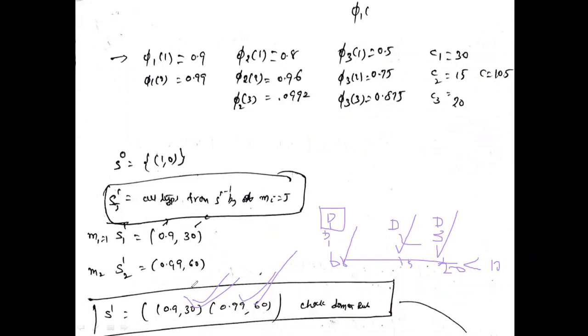Okay, so that is S power 1. Next one, S square. First we are calculating S power 1, next we are calculating S square, and next S cube. So first we calculate S1 square, S2 square, S3 square.